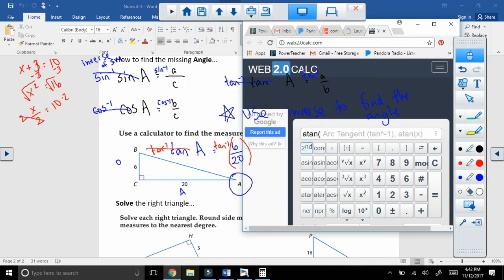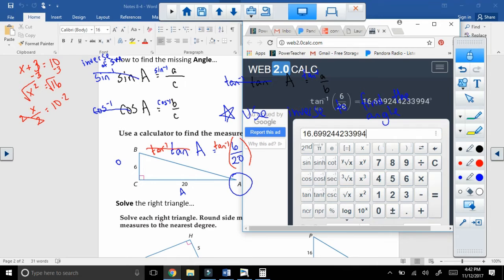But again, that depends on your calculator. So 6, where'd the division sign go? I think I need to get rid of second. Okay, there we go. So 6 divided by 20, and I'm going to put it in parentheses just to make sure it works out right.